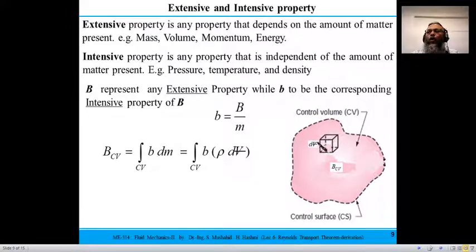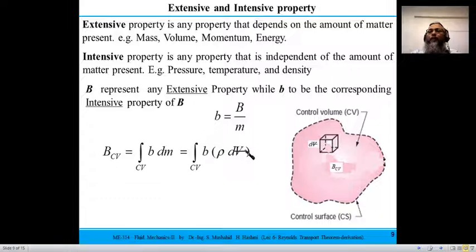So this is a small volume. If you have so many particles in this arbitrary region and you add them together, integration means summing up together, you get that extensive quantity. The definition of density is mass per unit volume, so mass would be density times volume.